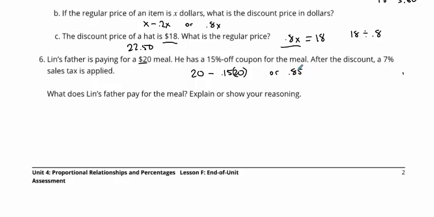Because if this 20 represents 100%, 100% minus 15% is 85% of 20. So you'll get the same answer with either of these.